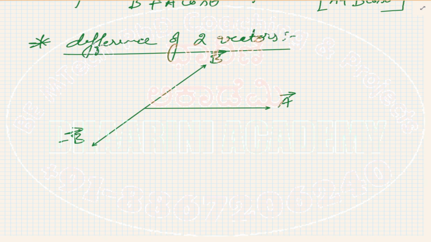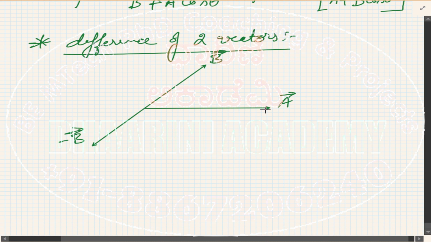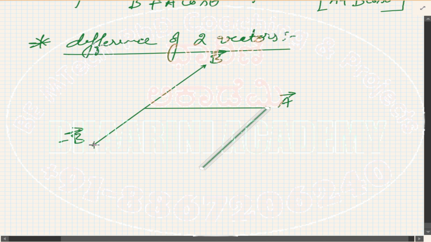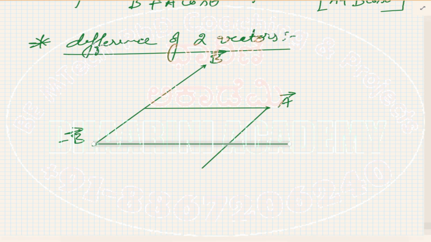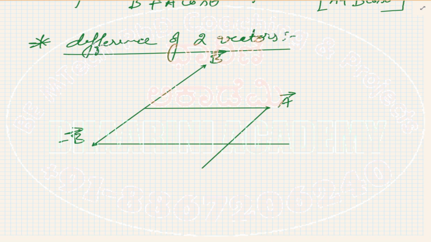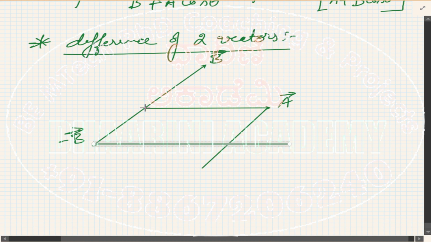So let's finish the parallelogram first. This is one side, this is the other side of the parallelogram. Now let us write the diagonal to this.